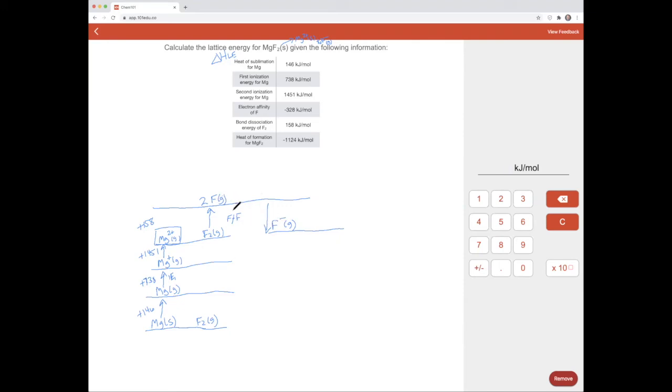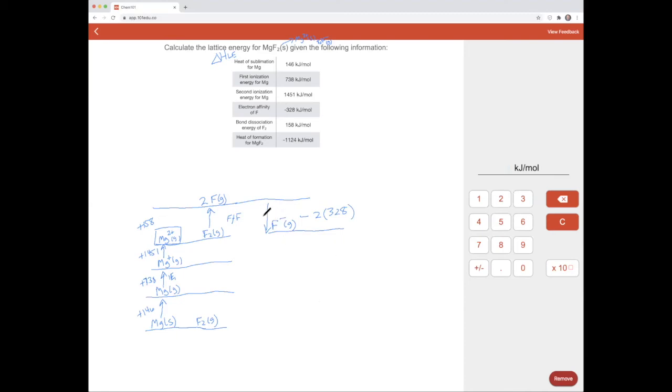That's a stabilizing, favorable thing, so it lowers the energy. It happens twice, since each fluorine atom becomes a fluoride ion, so I'm going to subtract 2 times the electron affinity for fluorine, which is negative 328, times 2.